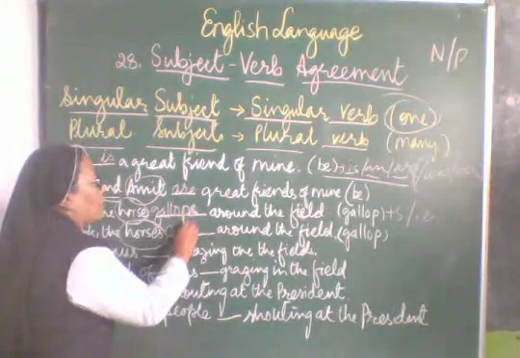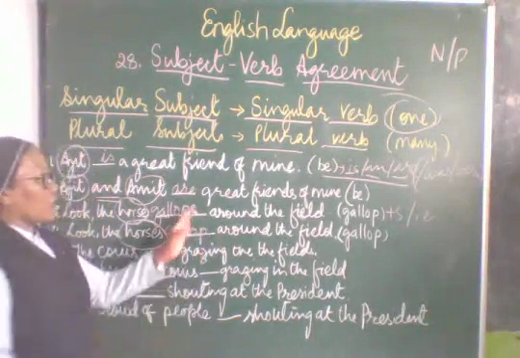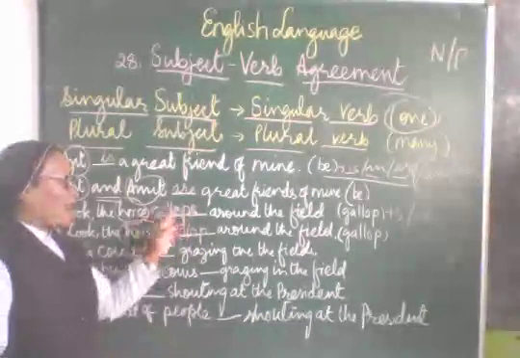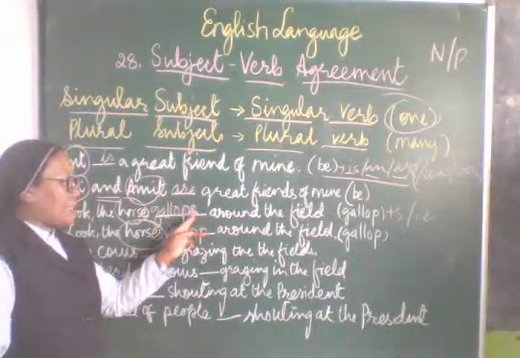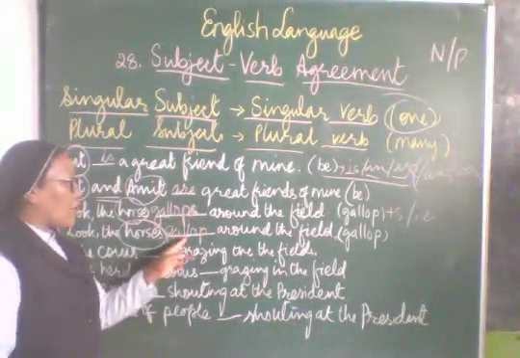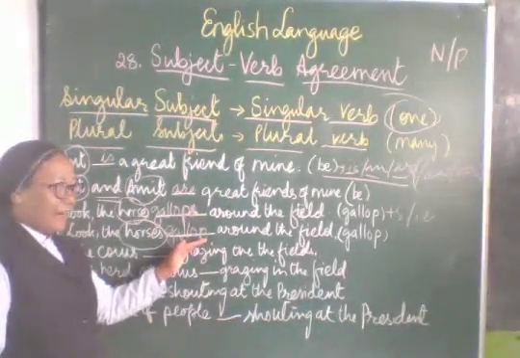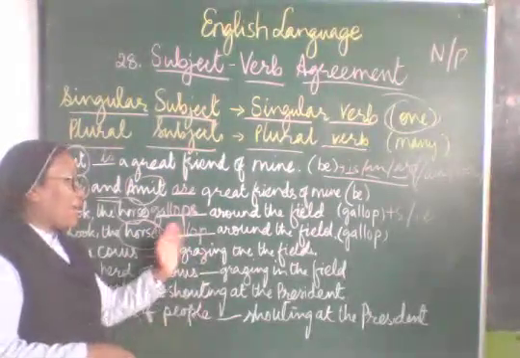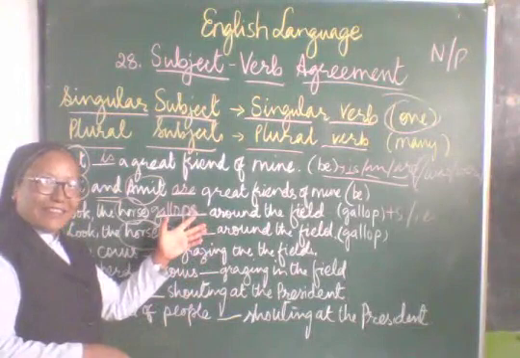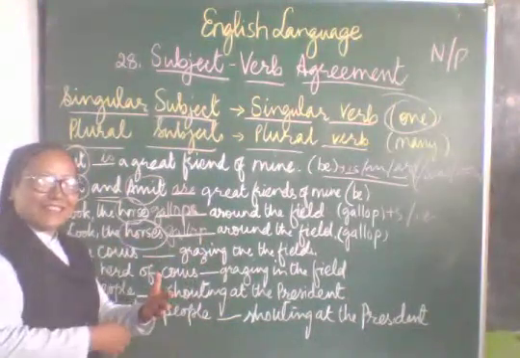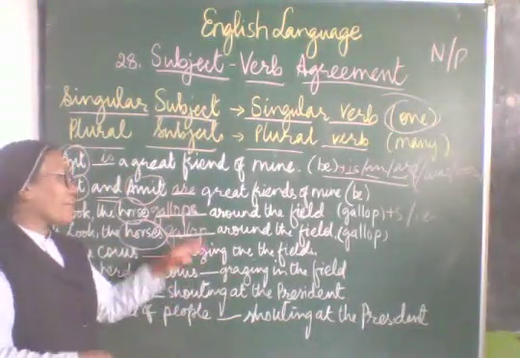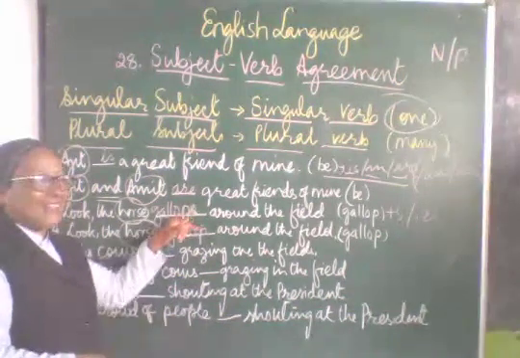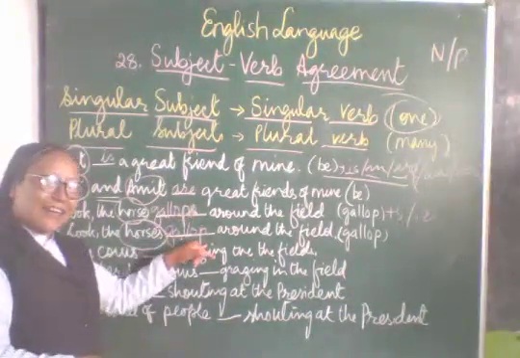See, for singular I added s, and for plural I kept it as it is. If it were a noun, I would have gallops and gallop, but it's just the opposite for the verb. For the singular, with s; for the plural, without s.